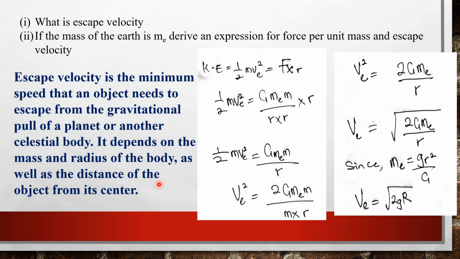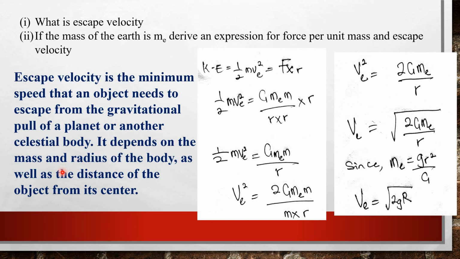What is escape velocity? And if the mass of the earth is Me, derive an expression for force per unit mass and escape velocity. As the name implies, escape velocity is the minimum speed or velocity that an object needs to leave the gravitational pull of a planet or another astronomical body, another celestial body.